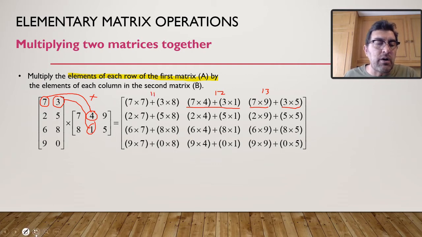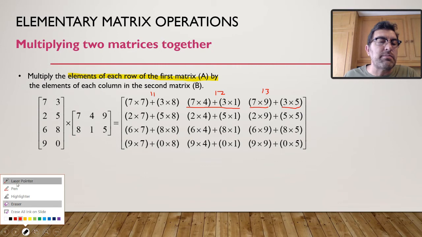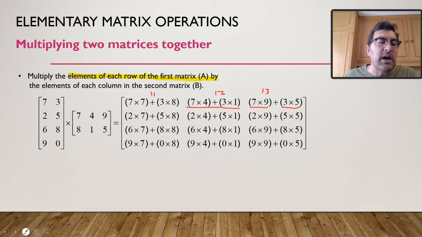If I now want to look at my second row, I need to use row number 2. So for row 2, entry number 1, row 2, column 1 is that combination. I take 2 and multiply it with 7, plus 5 multiplied with 8.